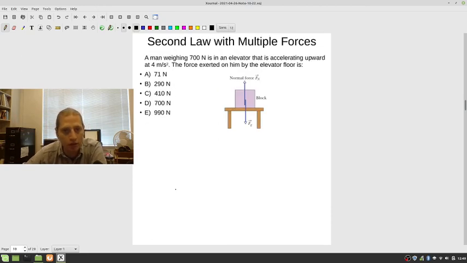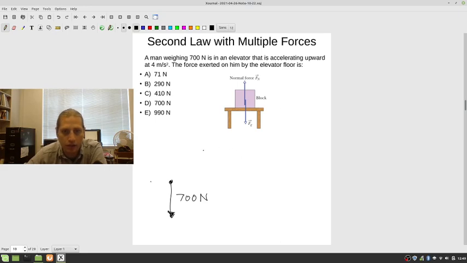Okay, let's go one harder. F net means that you're adding together all of the forces on an object, and that's what causes acceleration. In this case, we have a man who's weighing 700 newtons. Weight is the same as the force of gravity, 700 newtons.